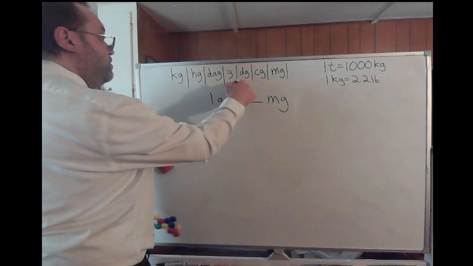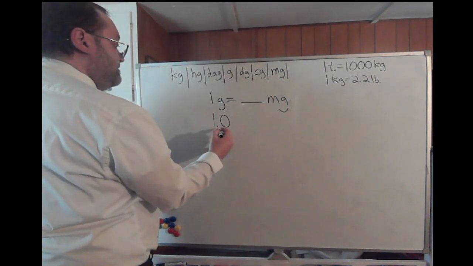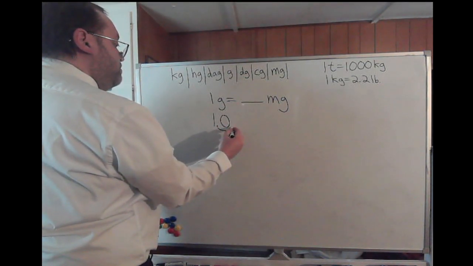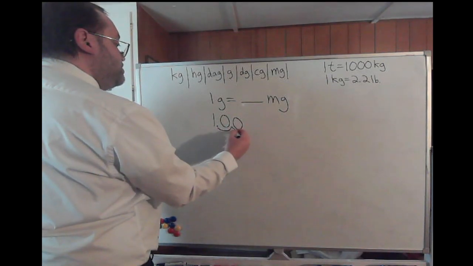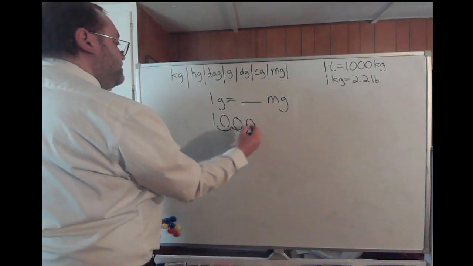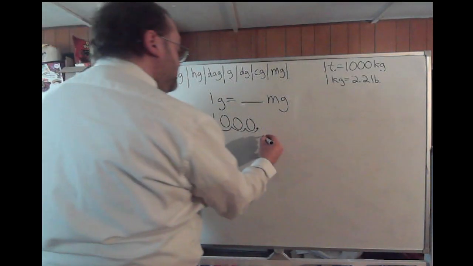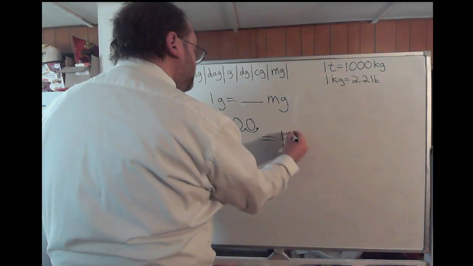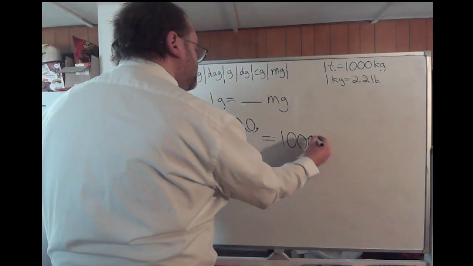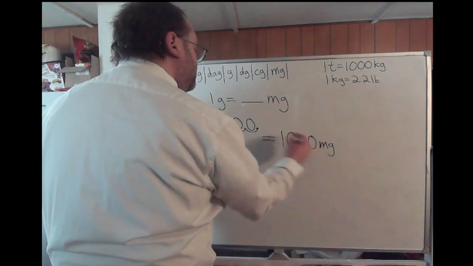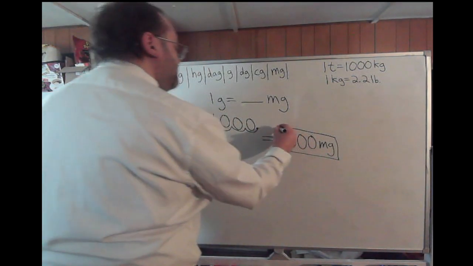You're going to move it 1, 2, 3 decimal places to the right. Just keep adding your zeros till you arrive at 3 decimal places. You would end up getting 1,000 milligrams. So in 1 gram, you have 1,000 milligrams.